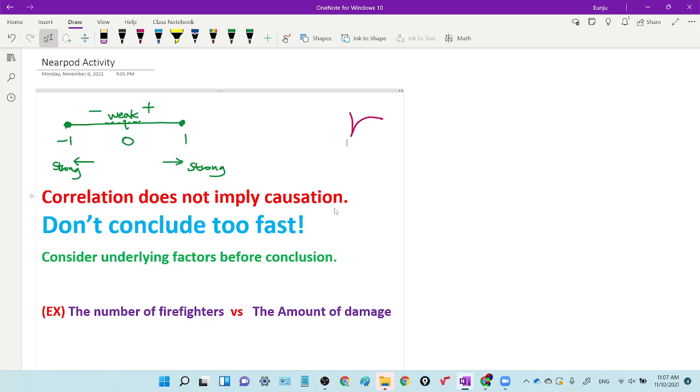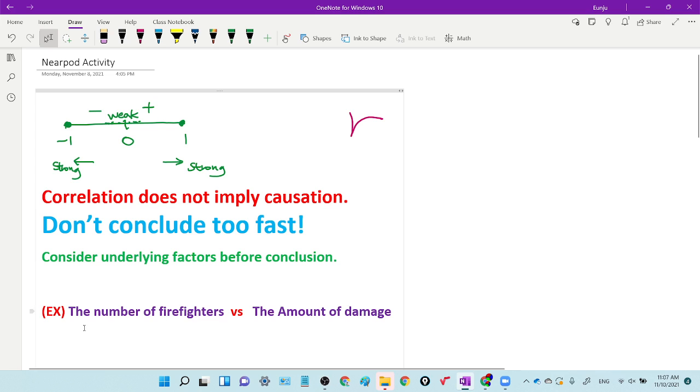That relation is called causation. So do not conclude too fast. You need to think about any lurking variable or any hidden clue or hidden cause like that, okay?